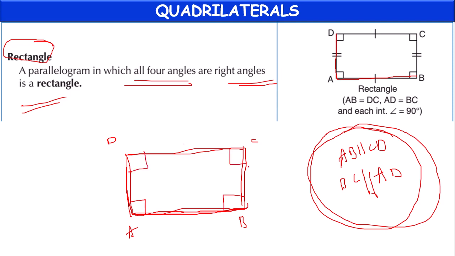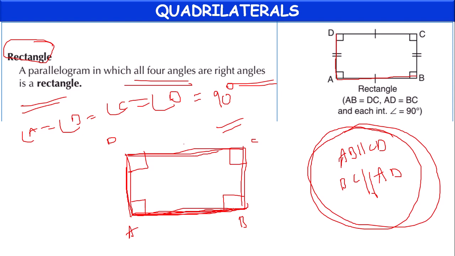If all these four angles, angle A, angle B, angle C, angle D, are 90 degrees, each angle equal to 90 degrees, then opposite sides are already parallel. Not only parallel, because of this 90 degrees, opposite sides also become equal.